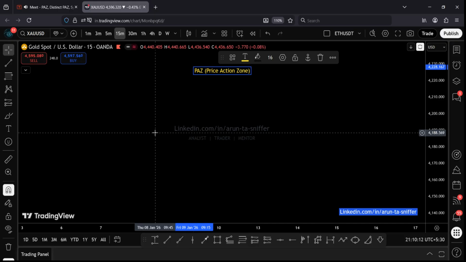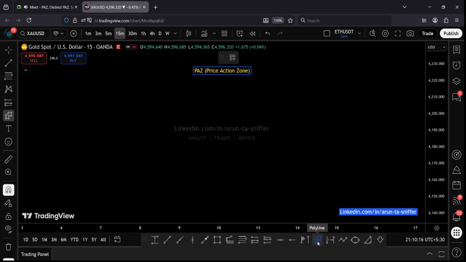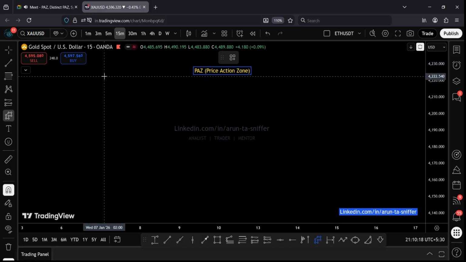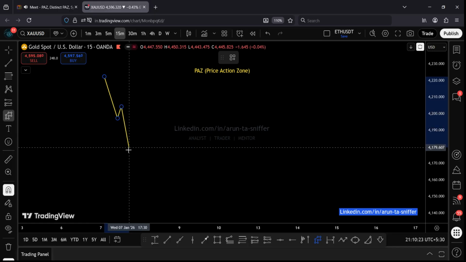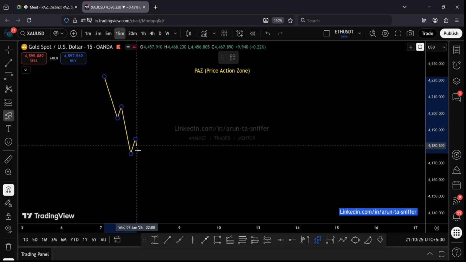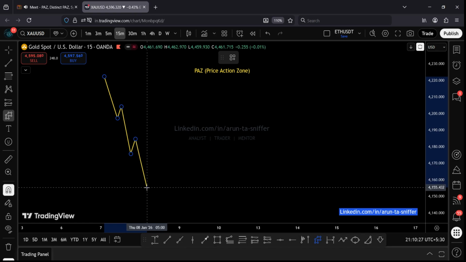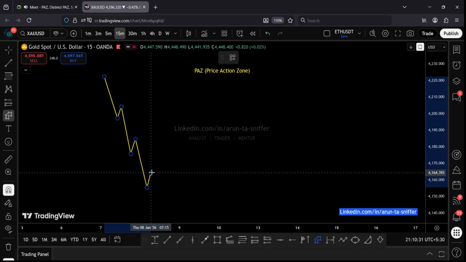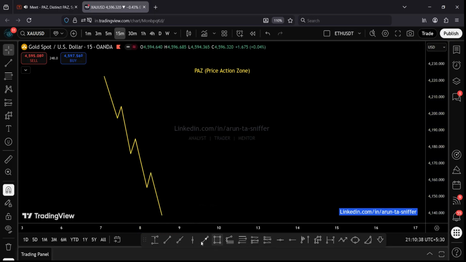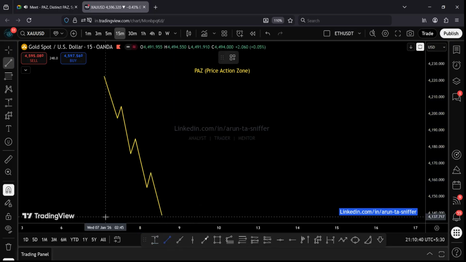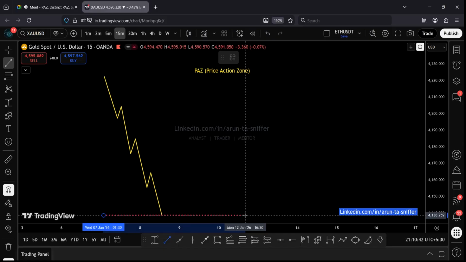Like, when price moves like this, it keeps making the zones, right? Comes down, then when price reaches some target, assume we have a target here.